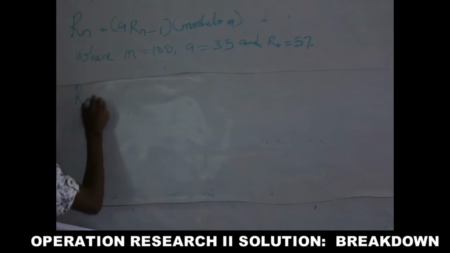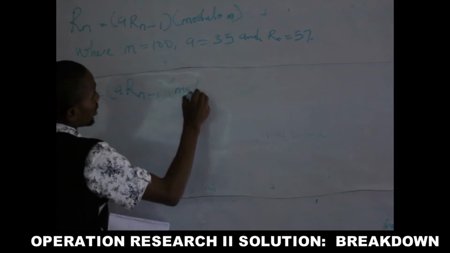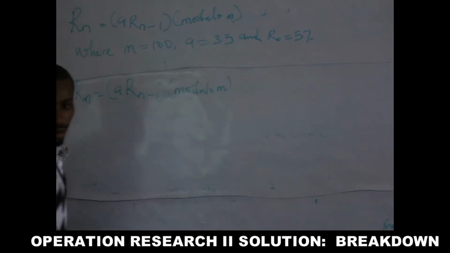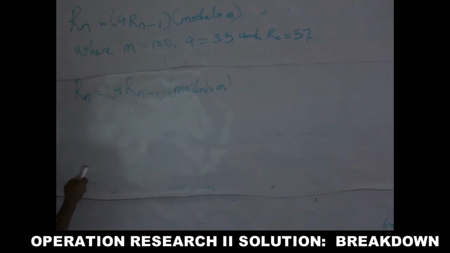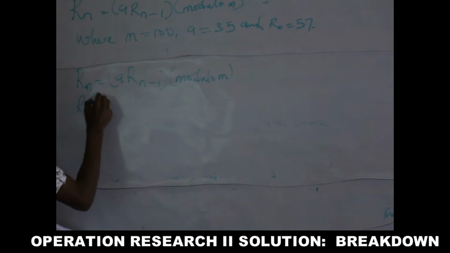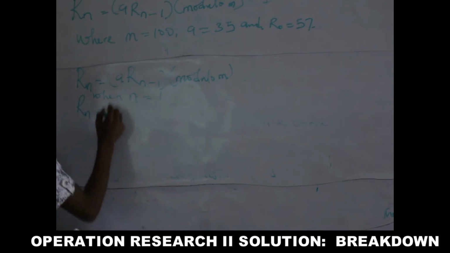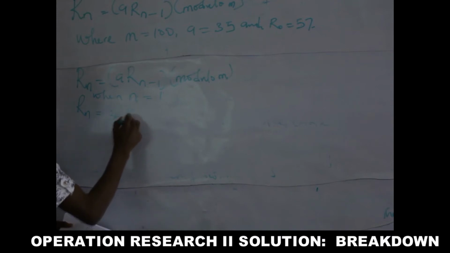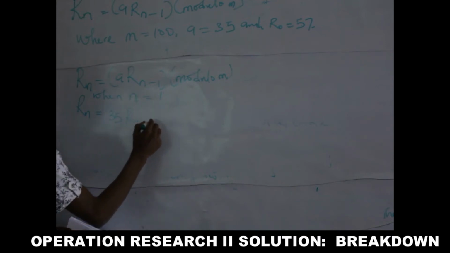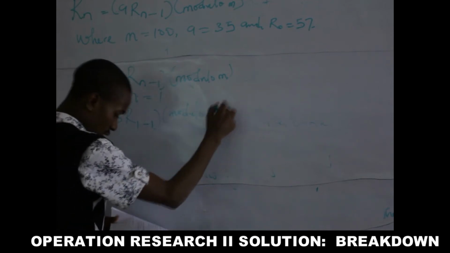Now we are told to generate a sequence of random numbers. Given the formula Rn equals A times R base n minus 1 modulo m, when n is equal to 1, we have A, which is 35, times R base 1 minus 1, modulo m, where m is 100.